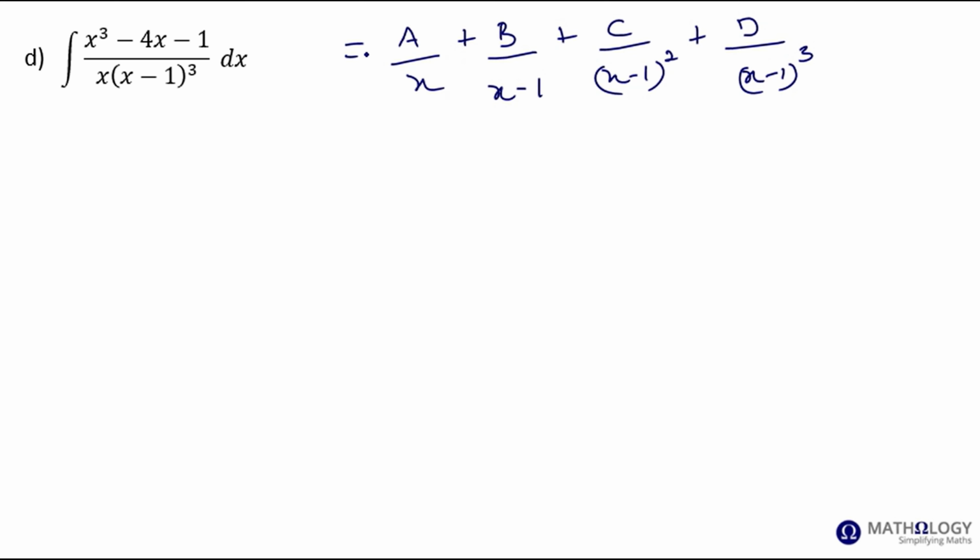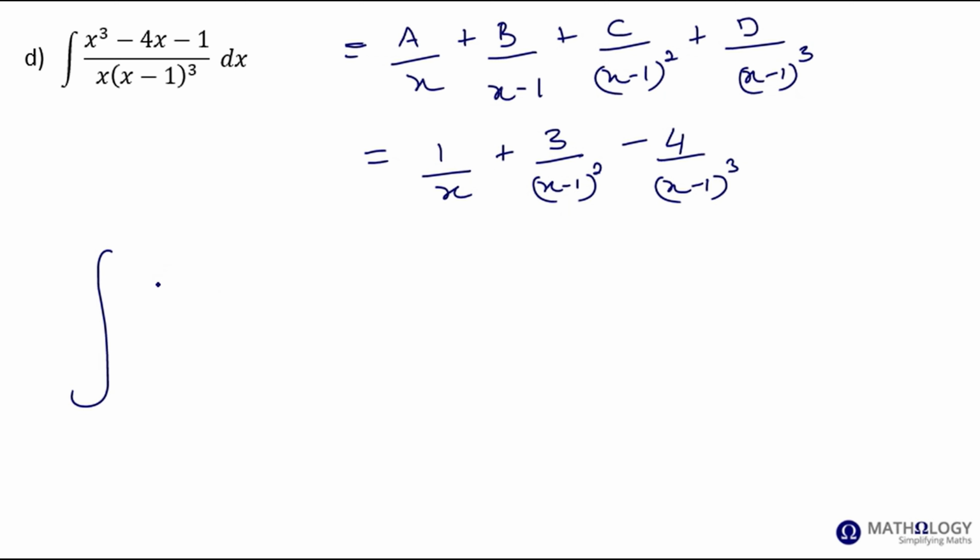All possibilities need to be included here, hence the denominators x minus 1 all squared, x minus 1 all cubed. And that equals, once you've found your partial fractions, we're not going to be doing the working out here, 1 over x plus 3 over x minus 1 all squared minus 4 over x minus 1 all cubed.